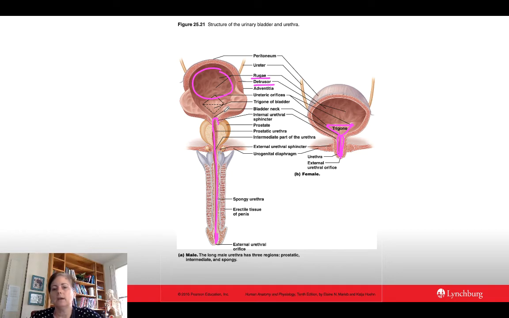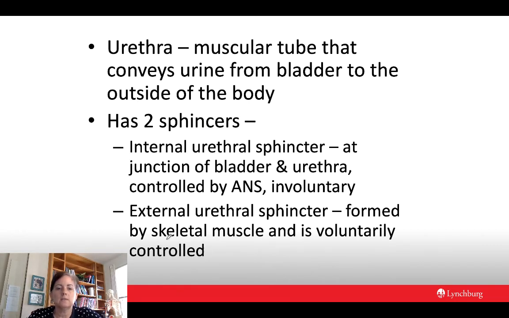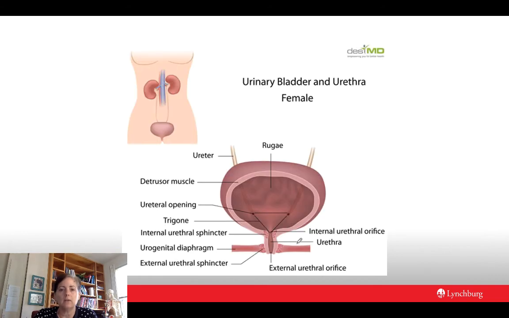And then the external urethral sphincter is skeletal muscle. This is external. Here's your internal, and is voluntarily controlled. So this sounds very familiar. This is similar to the setup that we had for the anal sphincters, internal and external anal sphincters. So basically the same thing there.